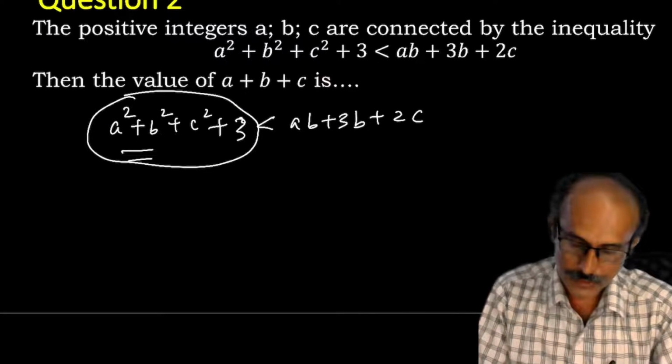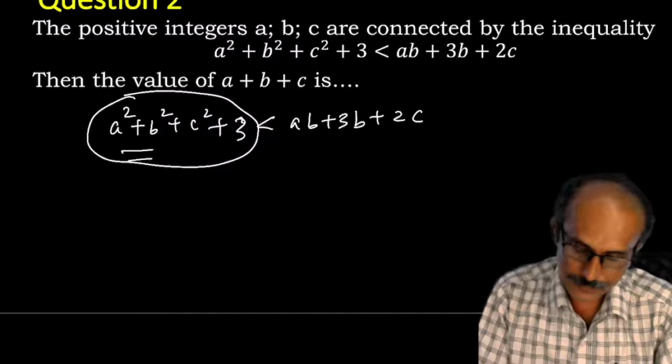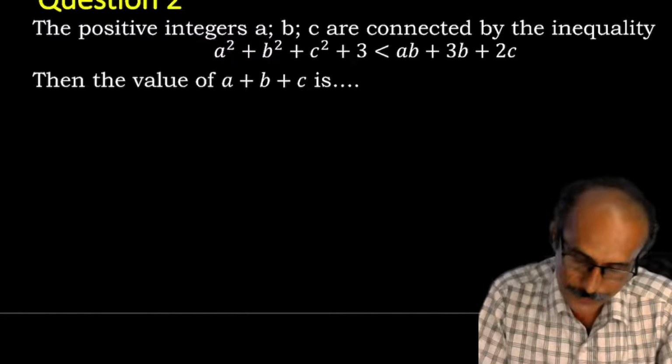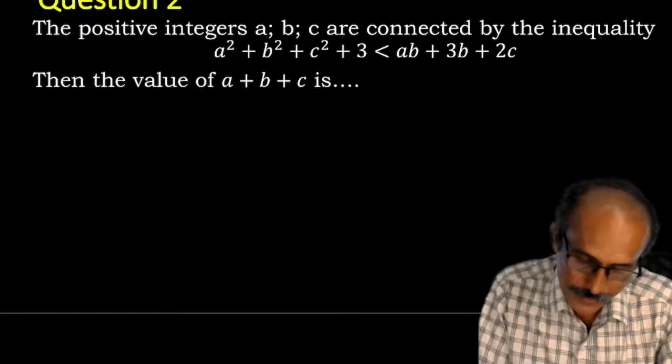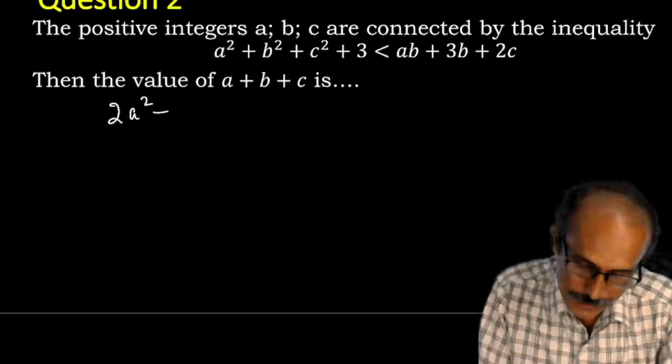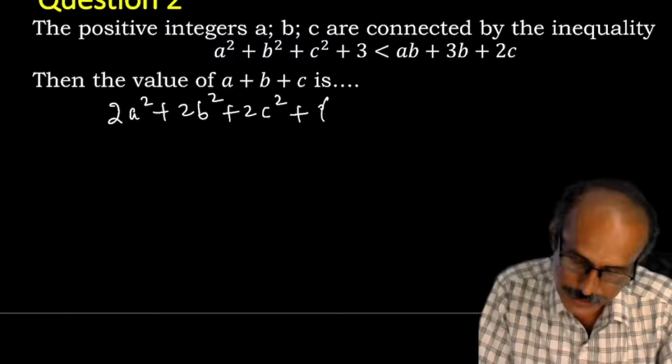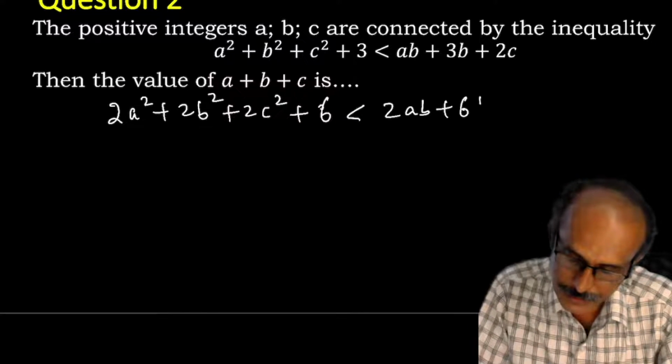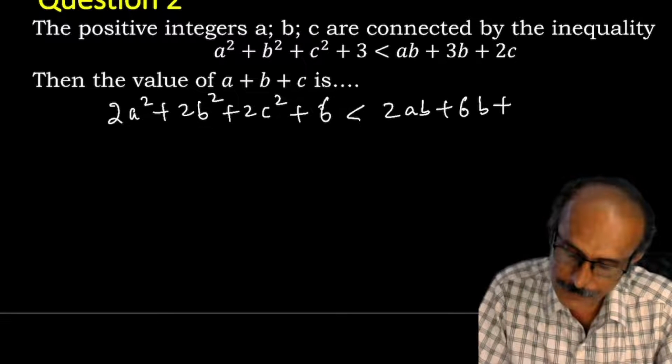So let us do that. 2a square plus 2b square plus 2c square plus 6 less than 2ab plus 6b plus 4c.